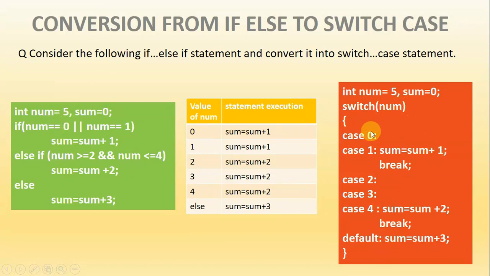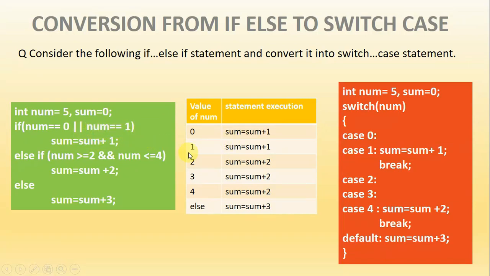To convert it to switch case, it is always better if you make a table like this so that it becomes clear to you which statement to execute for which value. In the if statement, we are testing the value of variable num, so we just see what values of num are there. For the value 0, the statement which is going to execute is sum = sum + 1.